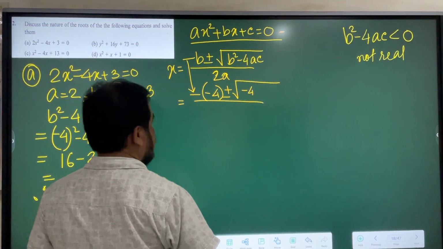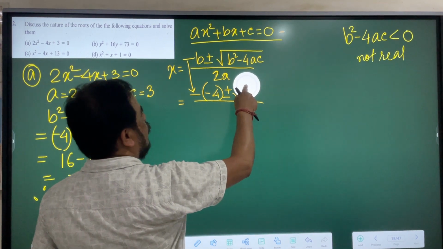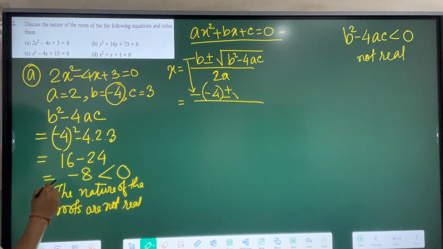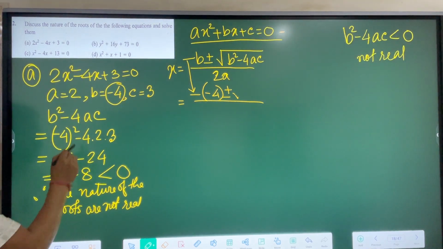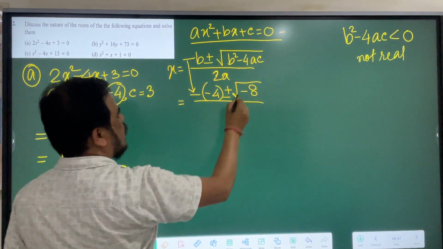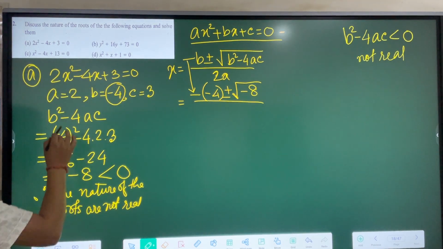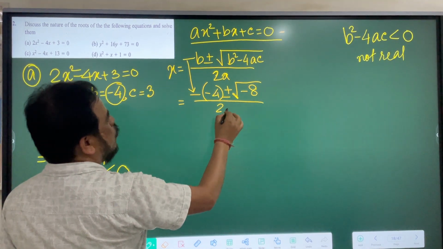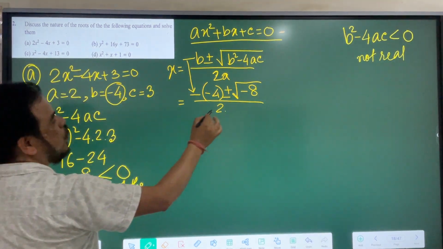Plus minus square root of b square minus 4ac. Sorry, this is not needed. Why is it not needed? Because the calculation of b square minus 4ac is already done. So in place of b square minus 4ac, we will write only minus 8. So 2 into a is 2, 2 into 2 is 4.